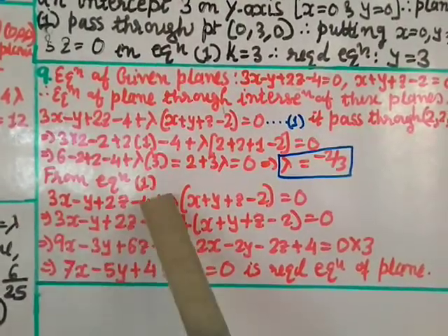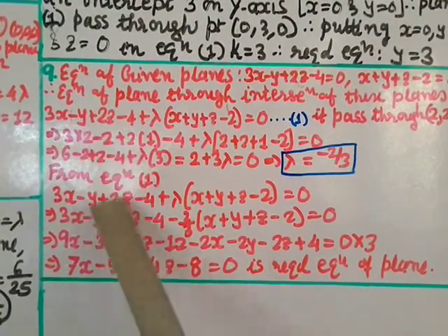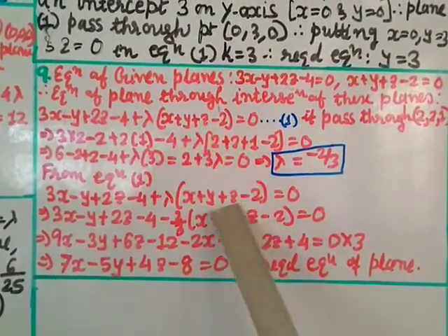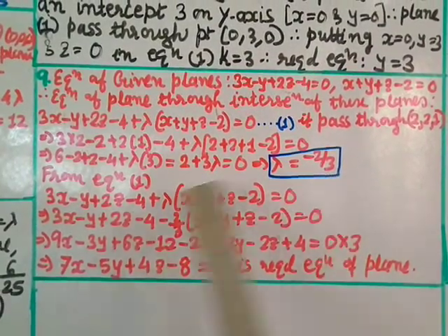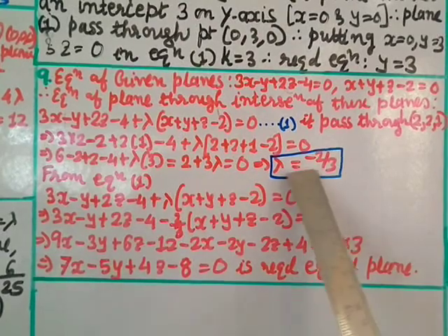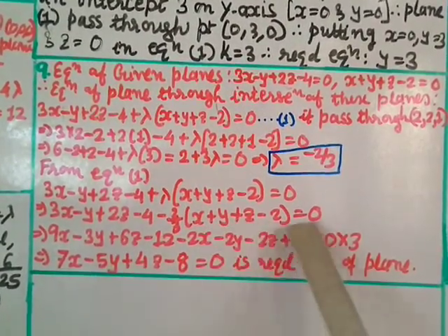So from equation 1, 3x minus y plus 2z minus 4 plus lambda times x plus y plus z minus 2 equal to 0. Put the value of lambda as minus 2 by 3, so 3x minus y plus 2z minus 4 minus 2 by 3 times x plus y plus z minus 2 equal to 0.